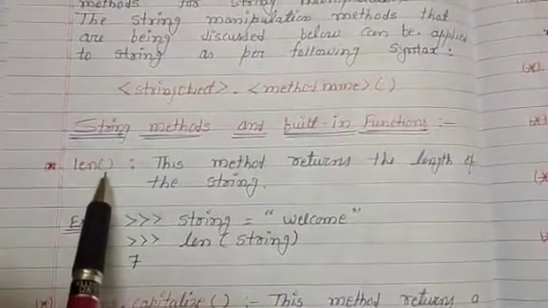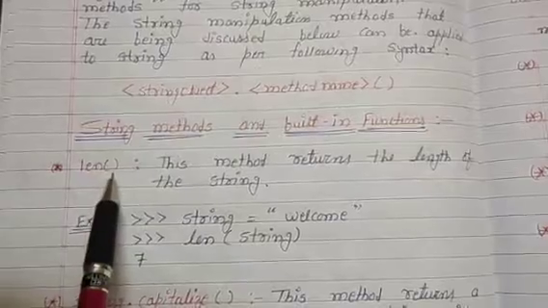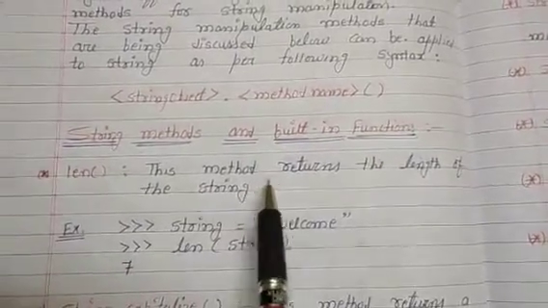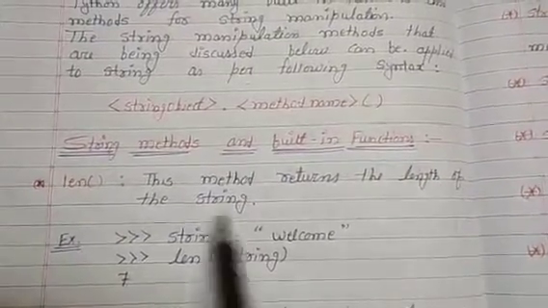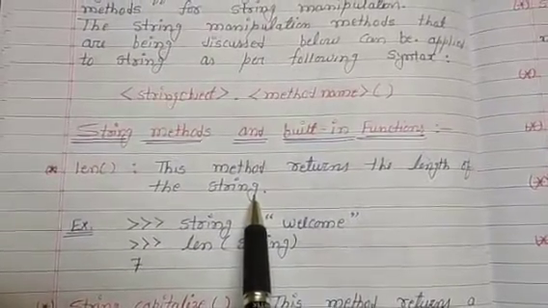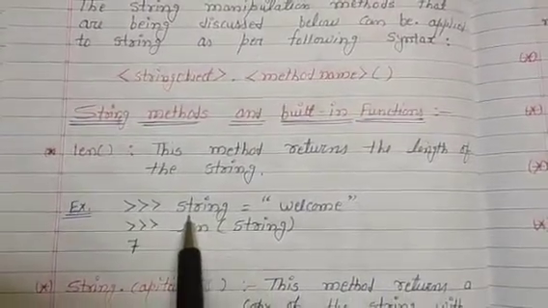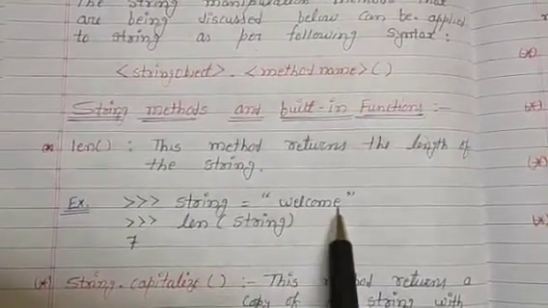The len function. The parenthesis sign is called the function sign. This function returns the length of the string. When we want to find the length of a string, we use the len function. For example, string equal to welcome.